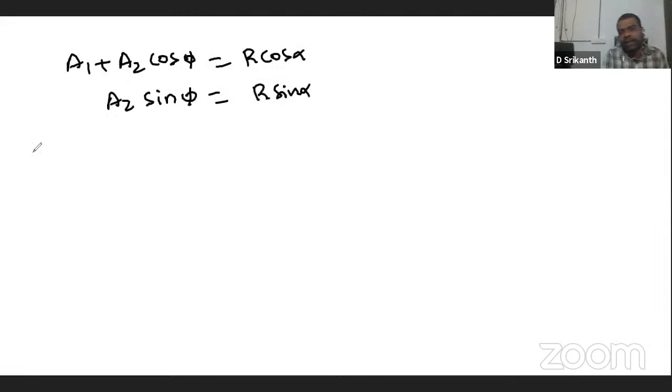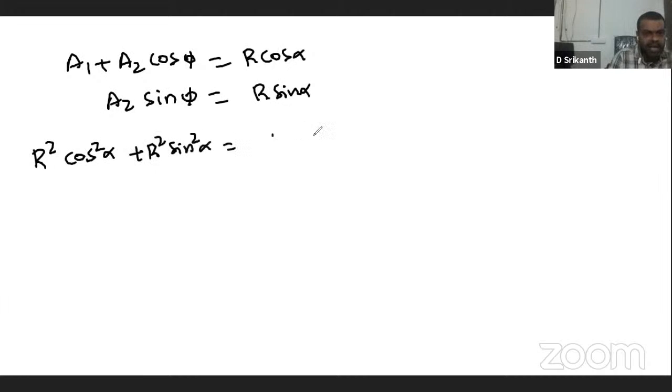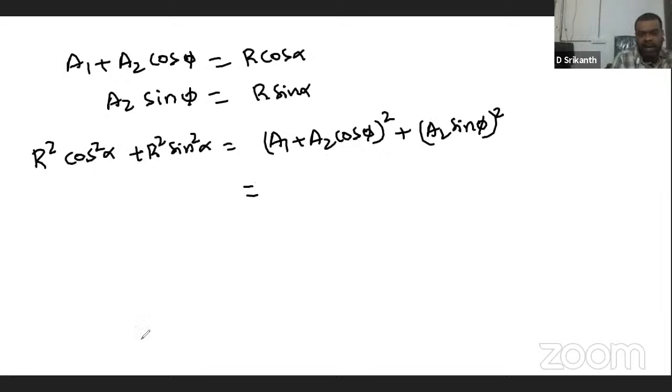Squaring and adding, that is r square cos square alpha plus r square sin square alpha is equal to a1 plus a2 cos phi whole square plus a2 sin phi whole square. Take r square common, cos square alpha plus sin square alpha, that is equal to 1, right?